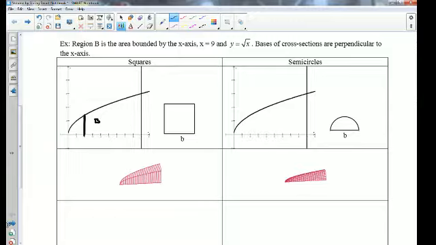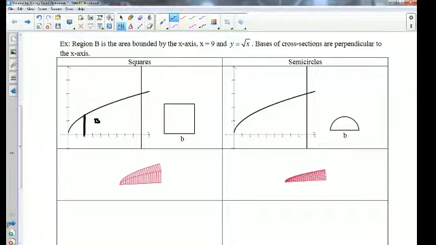That's the base of our shape, right? Just like that. Good with that? So that's a statement you'll have to reconcile in your mind. If it says x-axis, we're perpendicular to the x-axis, like we worked with on our boards.